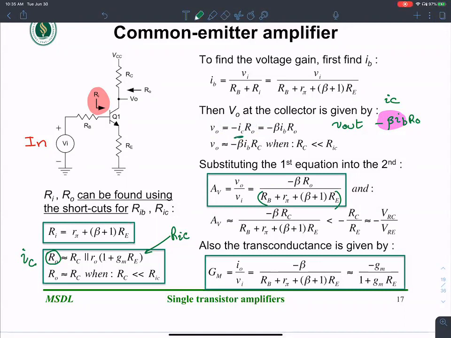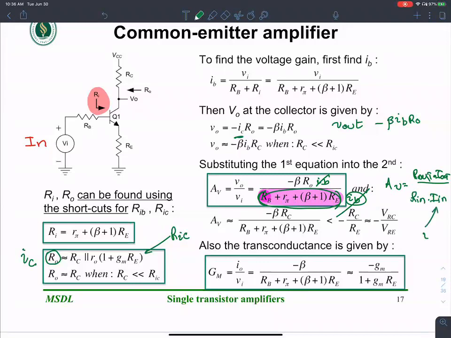Similarly, all of that is the input resistance. Input resistance times the input current will give you the input voltage. There's an IB in the numerator and an IB in the denominator. So in order to calculate AV, all I have done is to look at the R output times I output, divided by R input times I input.